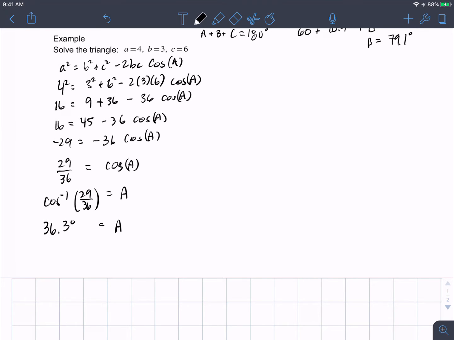Now we're going to have to do another angle because we need at least 2 to be able to find the third.